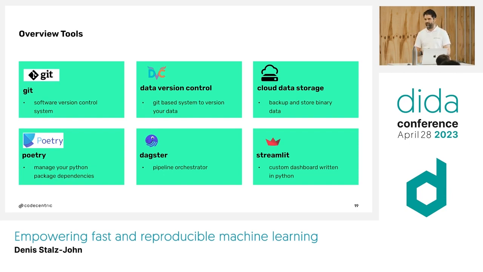To wrap it up, you have a pipeline which takes care of reproducibility, and you have a lot of tools which help you to do fast experimentation. We try to use as many fitting tools as there are. The only things we have to implement ourselves are the interfaces of the machine learning pipeline.